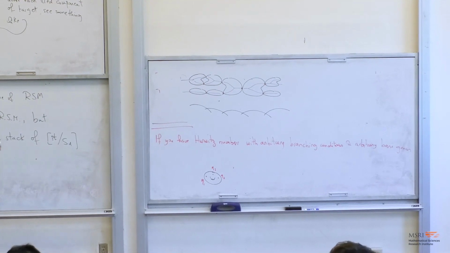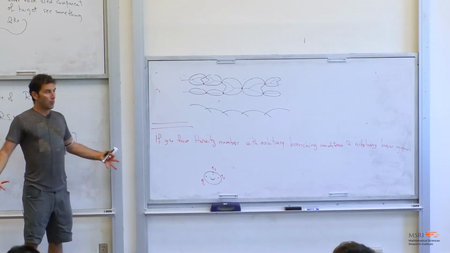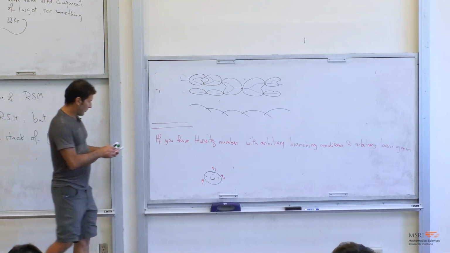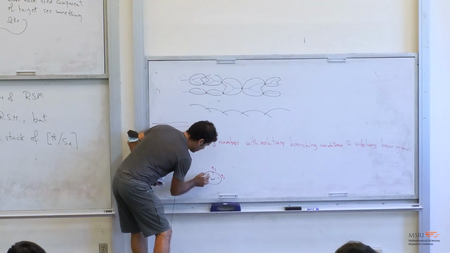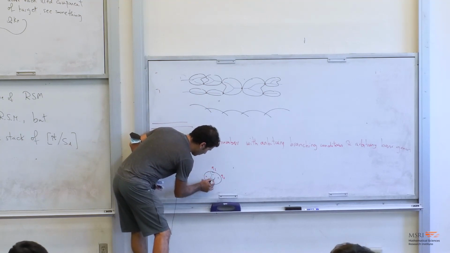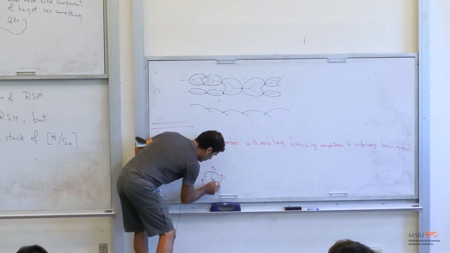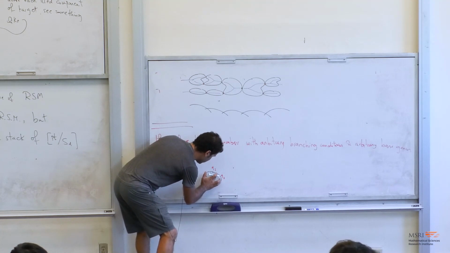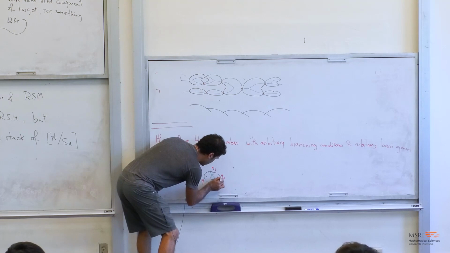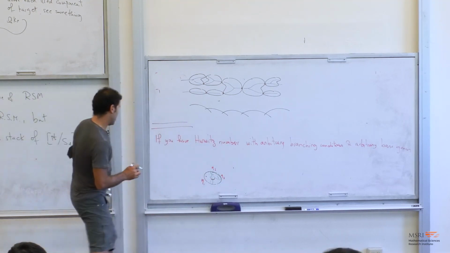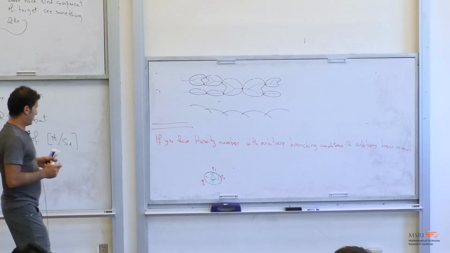I can take a decomposition of this picture, so for example, let me draw. This is a loop. And am I done? 1, 2. Yes, then I'm done, right?